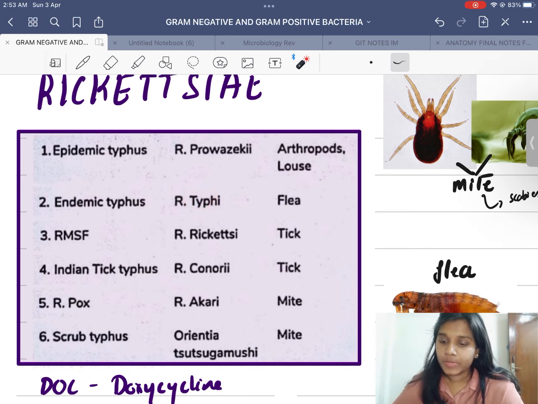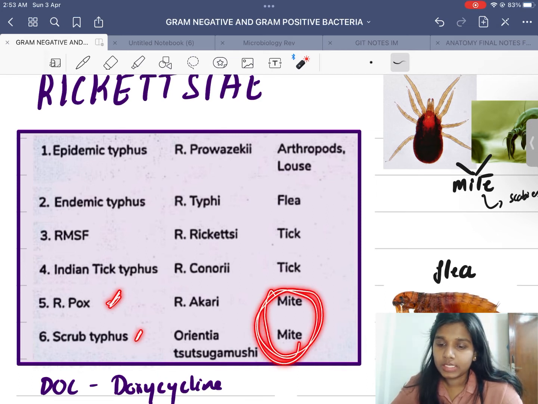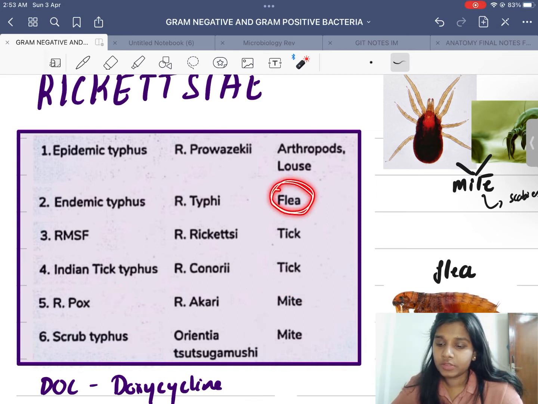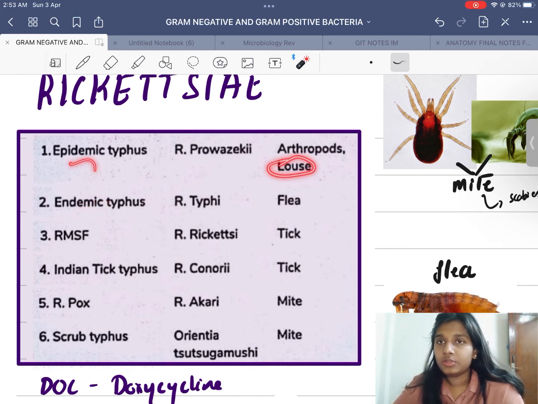Now out of these, pox and scrub typhus are caused by mite. There's one which is caused by flea: endemic. Epidemic is lice. We can remember, like in your school days, if someone had lice, everyone used to get lice, right? It spreads very fast.